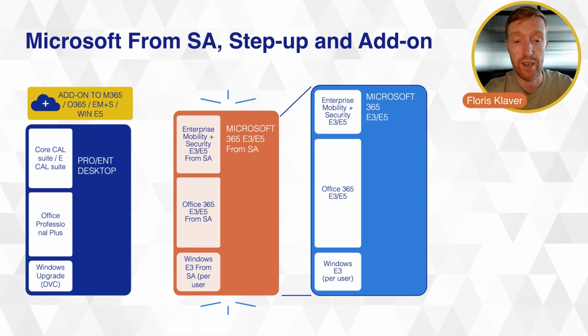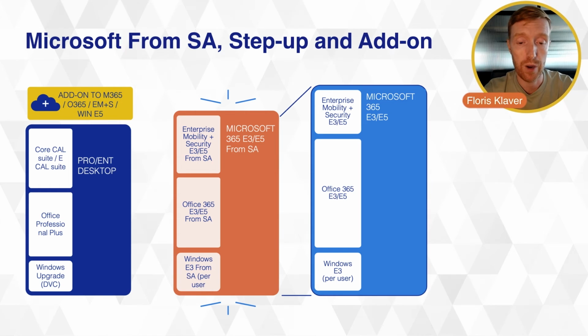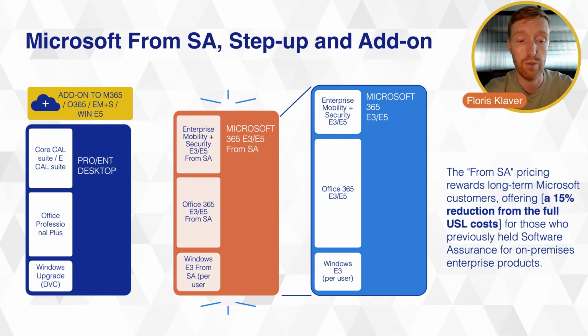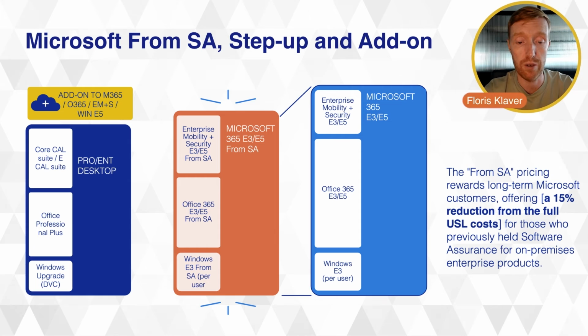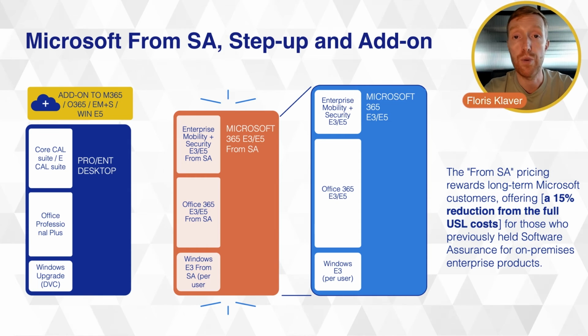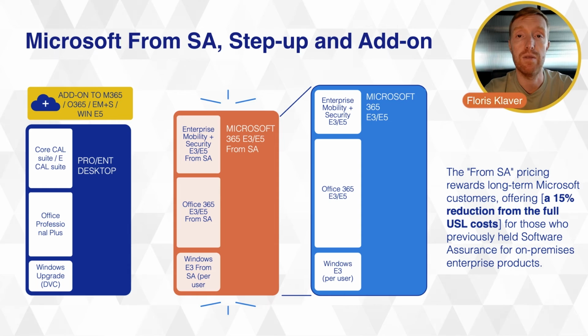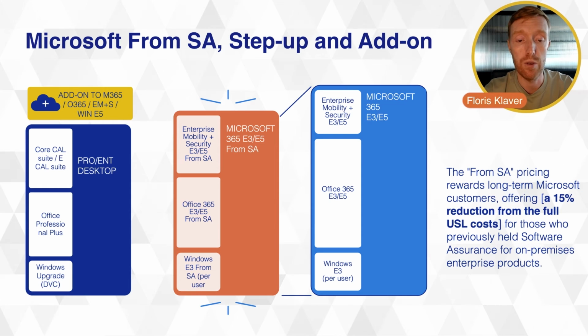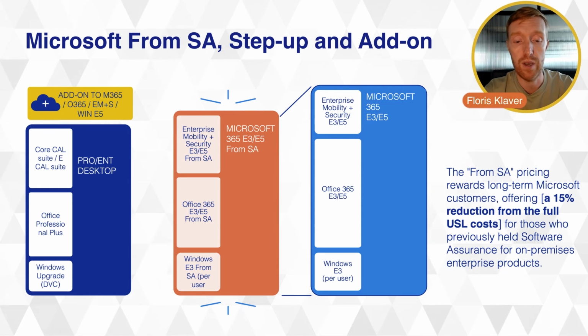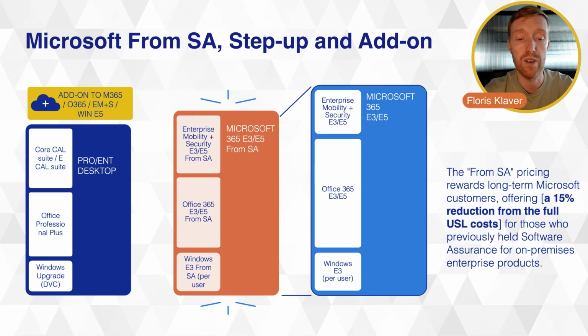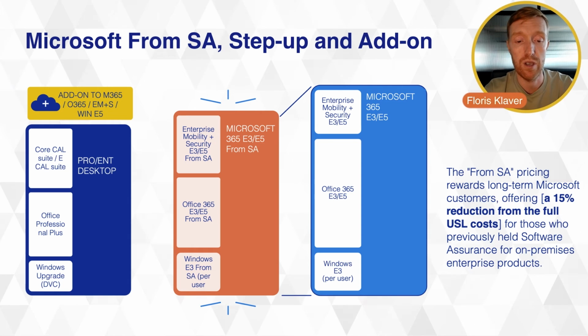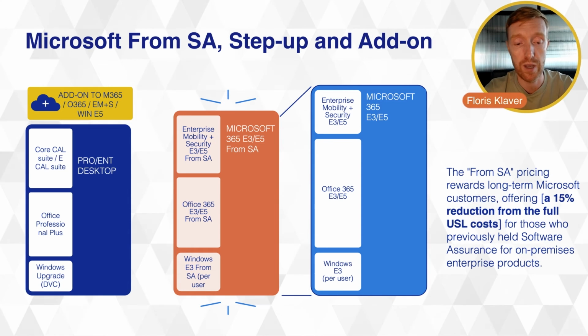So Microsoft had the from SA pricing, where they would say, if you transition those on-premise products with software assurance in your enterprise agreement to a Microsoft 365 subscription, we would give you from SA pricing. From SA pricing would basically say you've invested in software assurance in the past X amount of years. You know what?